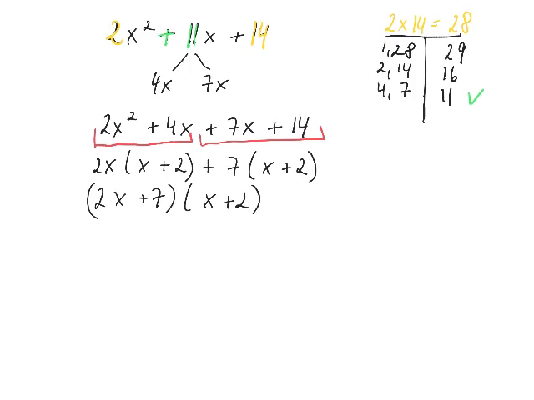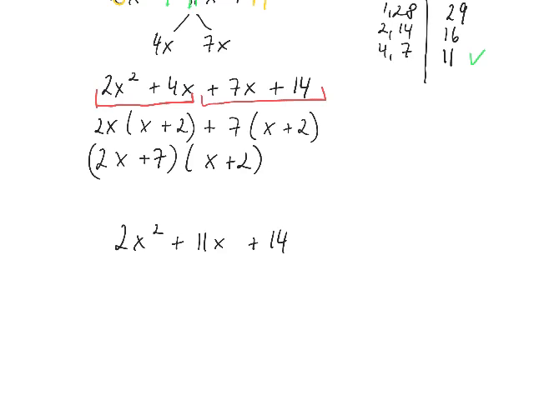The other way you can factorize these types of expressions is using the minus b formula. So the minus b formula is the following. x equals minus b plus minus the root of b squared minus 4ac, over 2a.